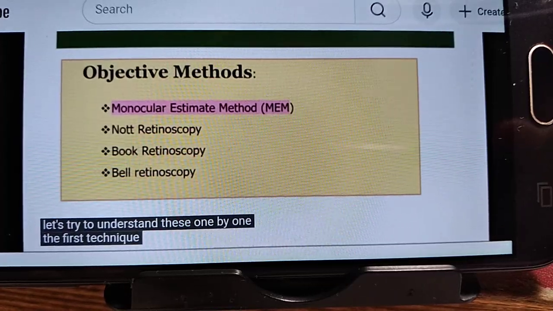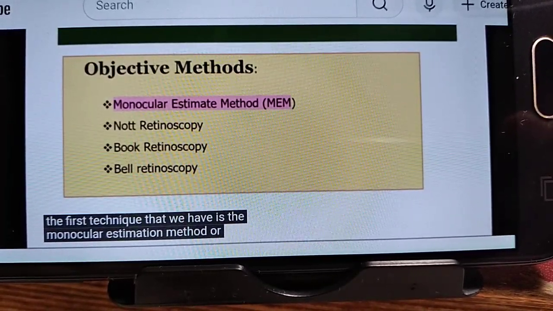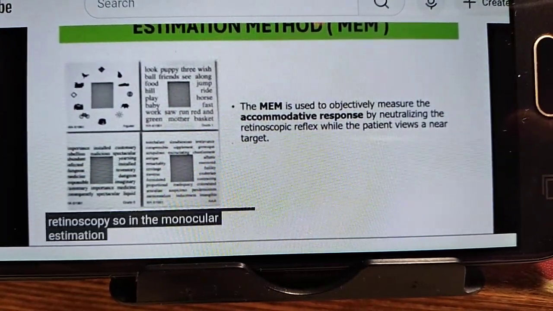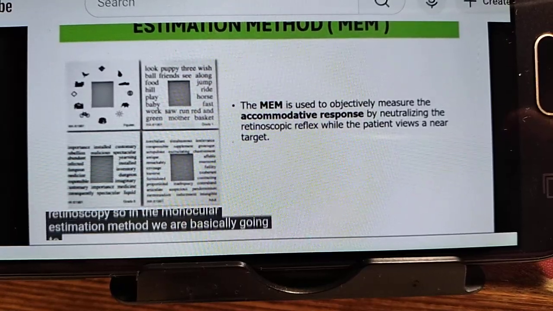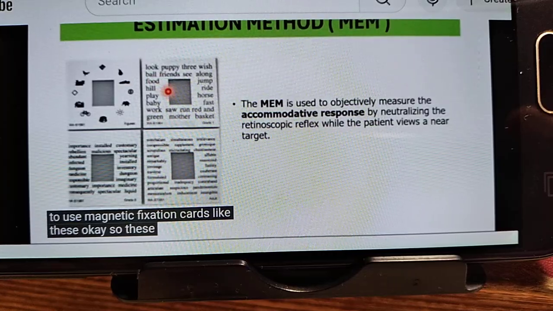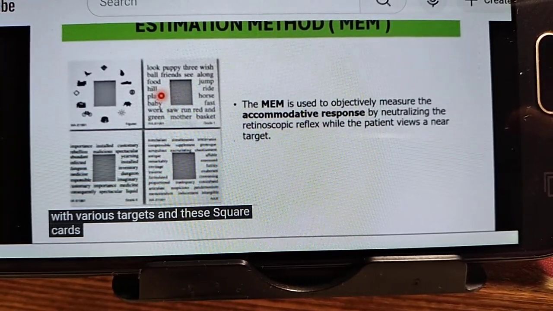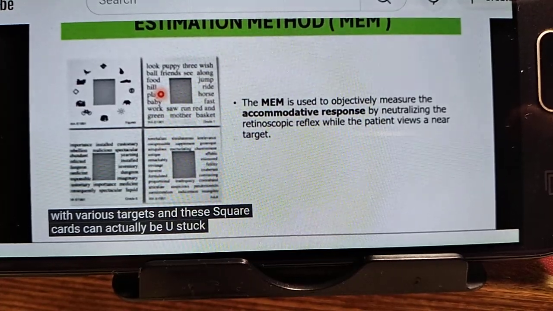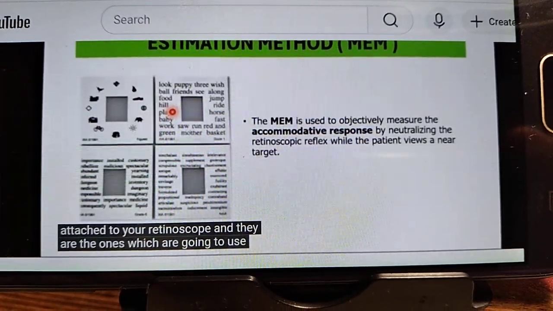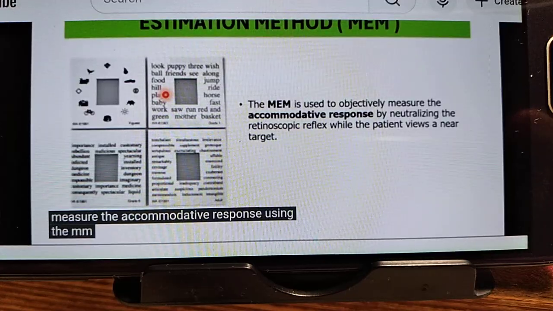The first technique that we have is the monocular estimation method, or MEM retinoscopy. So, in the monocular estimation method, we are basically going to use magnetic fixation cards like these. These fixation cards come with various targets, and these square cards can actually be stuck or attached to your retinoscope, and they are the ones which we are going to use to measure the accommodative response using the MEM technique.